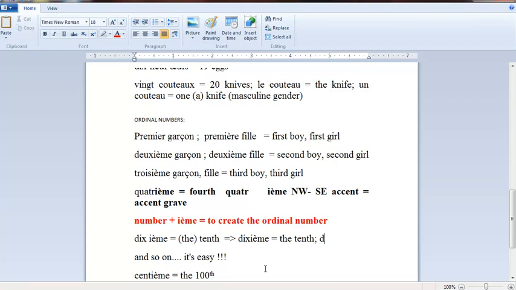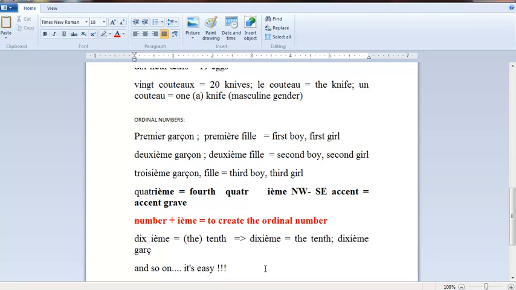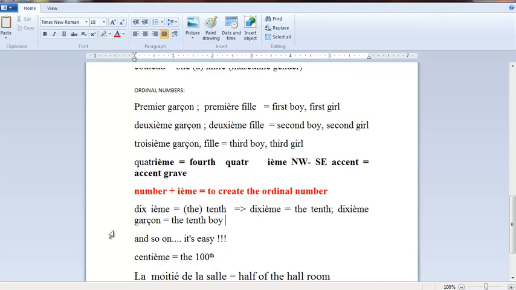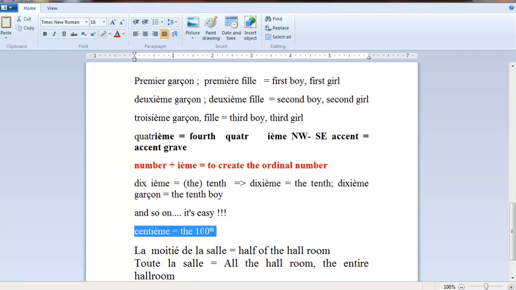So for example, dixième garçon, the tenth boy. And so on. Also, centième, it means the 100th.